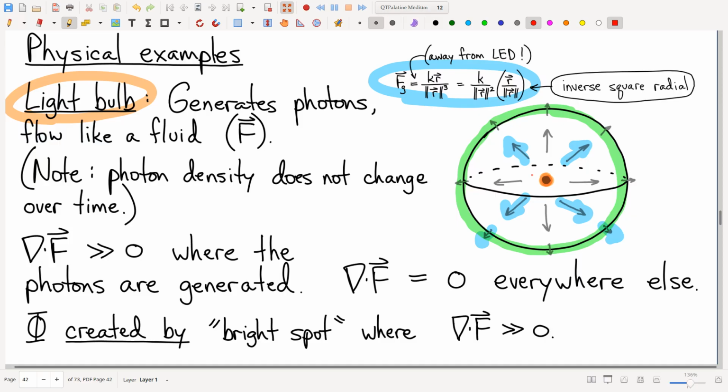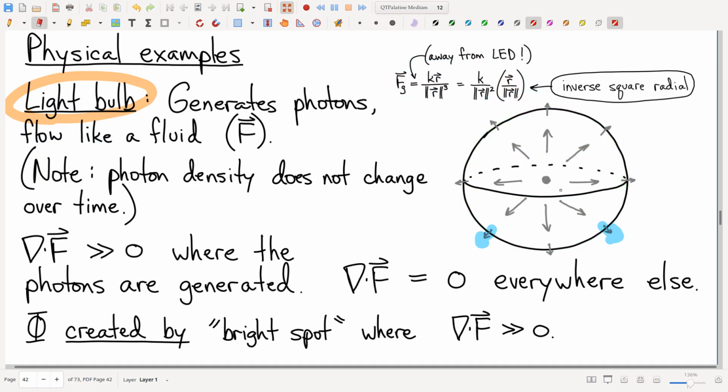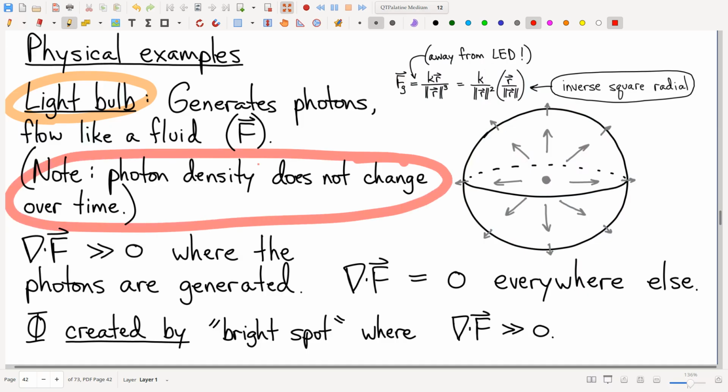Okay, so a couple of observations to make about this fluid flow. Let me go ahead and clean up the mess. This is a steady state deal. You flip the light on, photons start flowing, and if I were to put some sort of transparent region over here and ask how many photons are in that region at any given point in time, it's not changing.